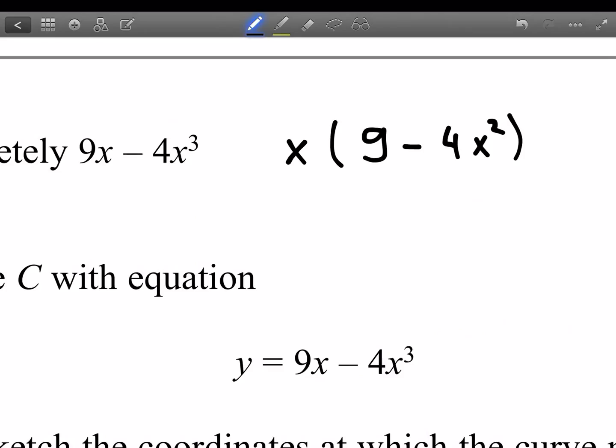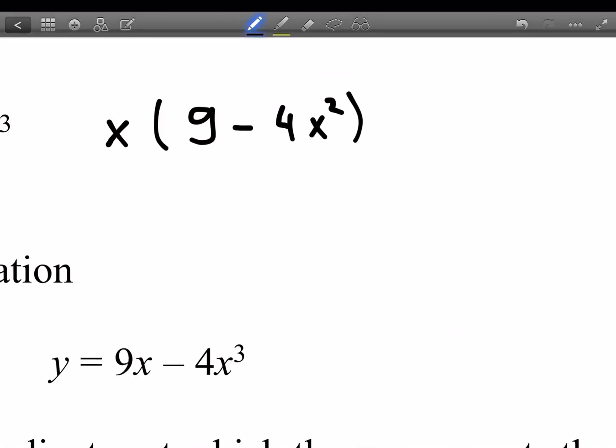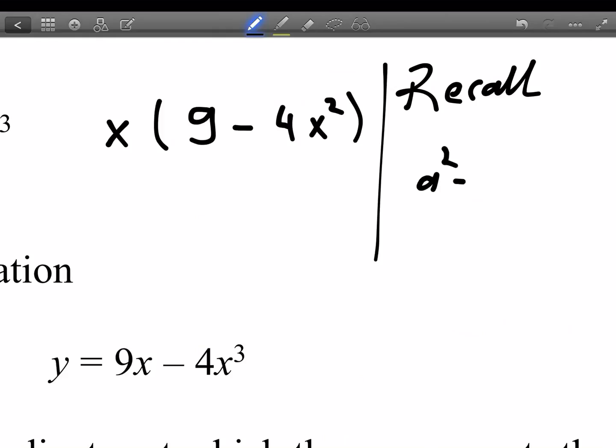What was the rule? It is not really easy to see, but I can recall it for you. A squared minus b squared has a special form, a minus b times a plus b.